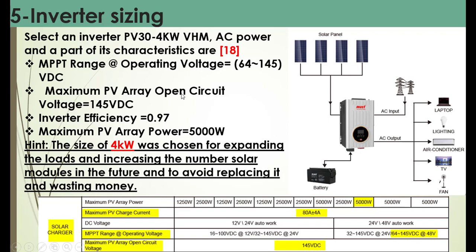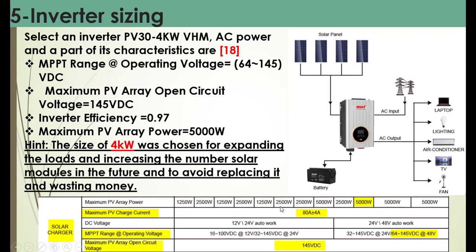As we see, the total load was less than this value, but if we plan to increase the capacity of the photovoltaic system, I choose an inverter of larger capacity to avoid replacing it, and replacing the inverter represents a waste of money.